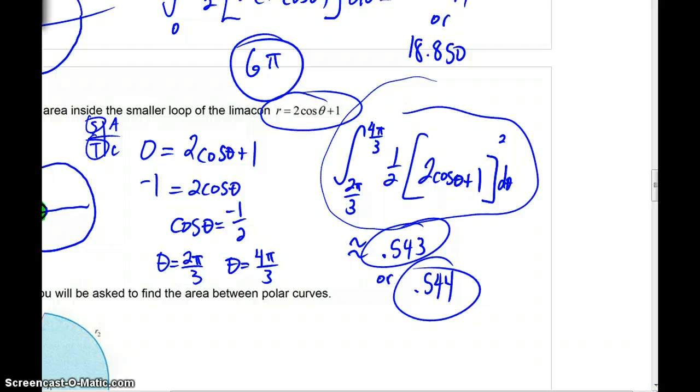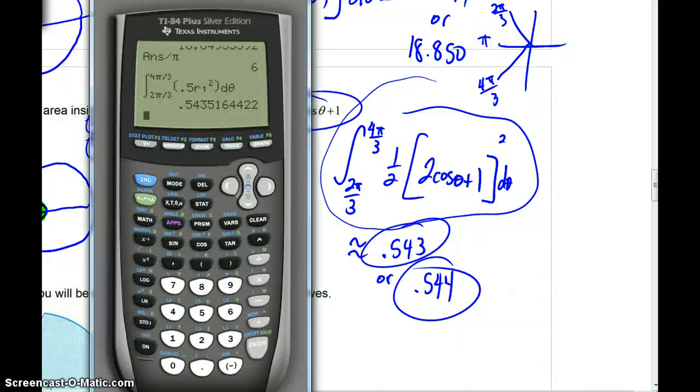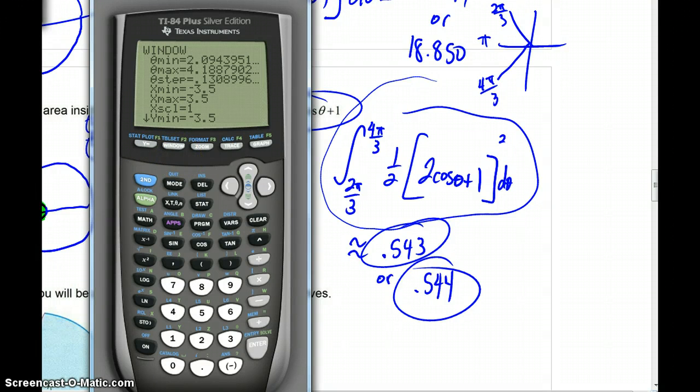Here's something that I'd like for you to notice. On the unit circle, if we were at 2 pi over 3 and 4 pi over 3, just looking at those two angles, directly in between them would be pi. If we were to graph, say, from 2 pi over 3 up to pi, you would see that you'd only graph half of that inner loop.